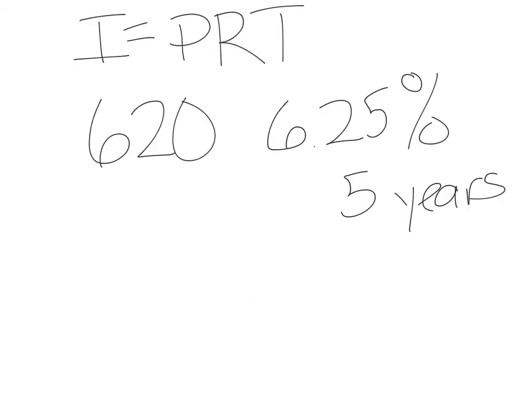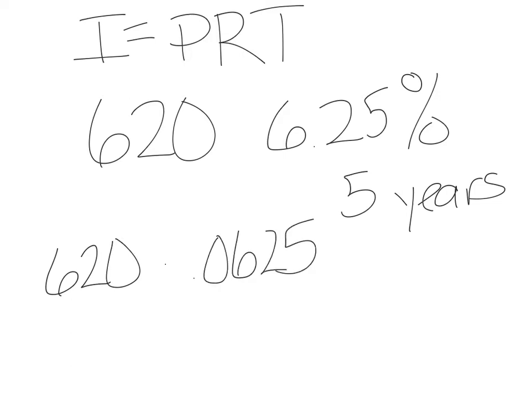So here's the first example. This is number 11 in the book, which you're not doing, but that's what we'll do here. $620 is the principal, the rate, 6.25% in 5 years. So that would be 620 times 0.0625 times 5.